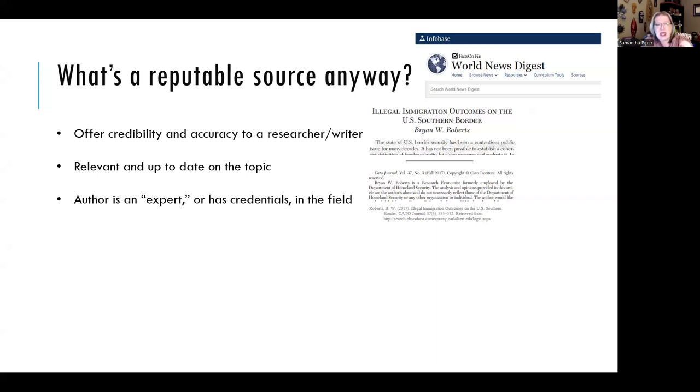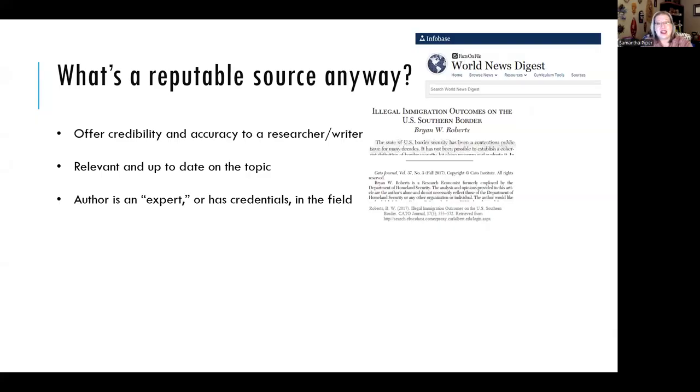So I have here Brian W. Roberts is a research economist formerly employed by the Department of Homeland Security. The analysis and opinions provided in this article are the author's alone and do not necessarily reflect those of the Department of Homeland Security or any other organization or individual. And then it continues there.